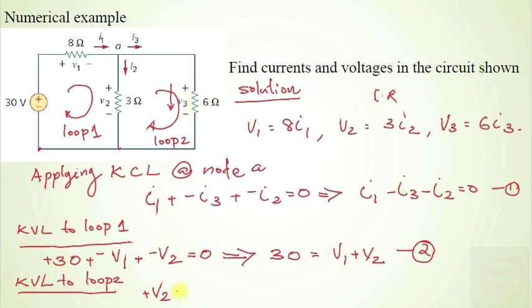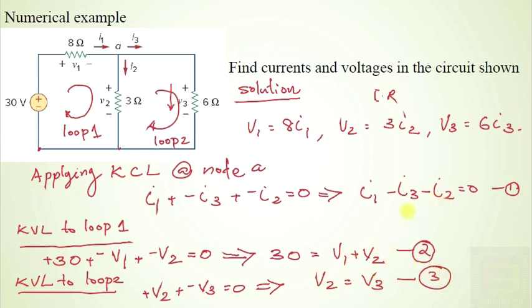So you have a term minus V3, and you have reached this point. That means you have completed the loop. So according to KVL, it will be equal to 0. So you get another equation, V2 is equal to V3, and you can name it equation 3.